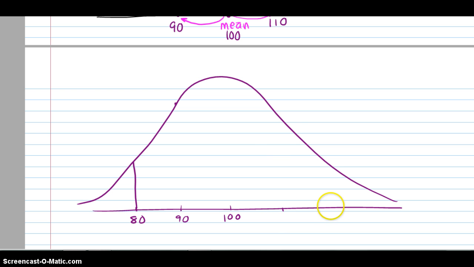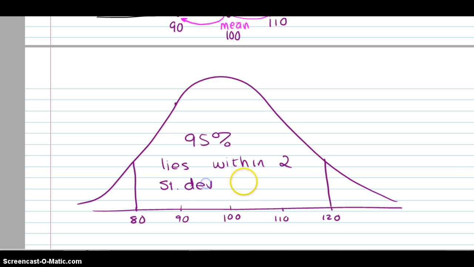I go up that distance, that puts me at 120 on the right side, and the empirical rule says 95% of the data lies within 2 standard deviations of the mean. That means we expect, if IQ average is 100 and standard deviation is 10, we expect 95% of the world's population to have IQs between 80 and 120.